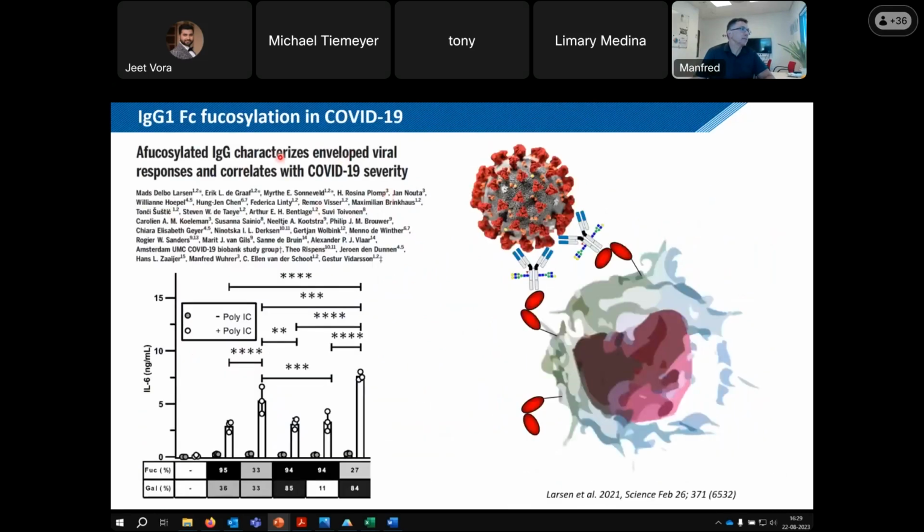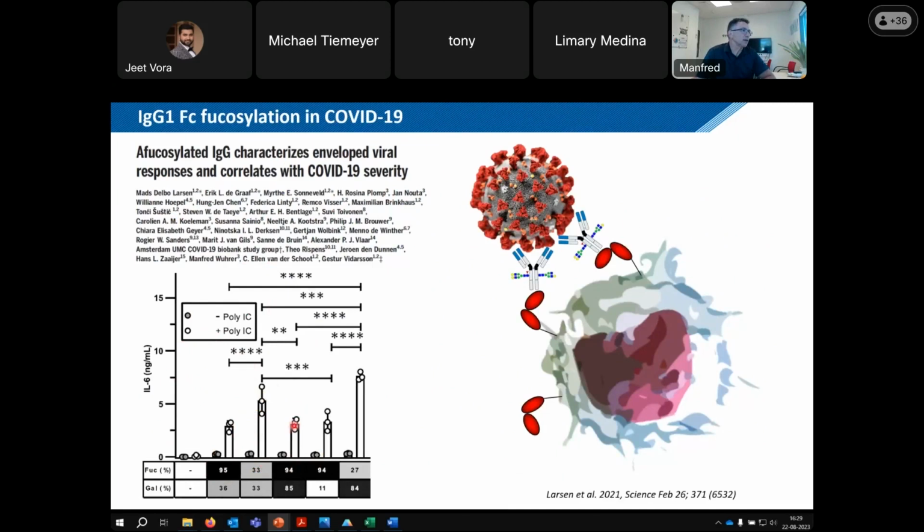Then we showed with in vitro assays that this fucosylation indeed matters. The in vitro assays use monoclonal antibodies against the S protein, applied with high and low fucosylation levels.